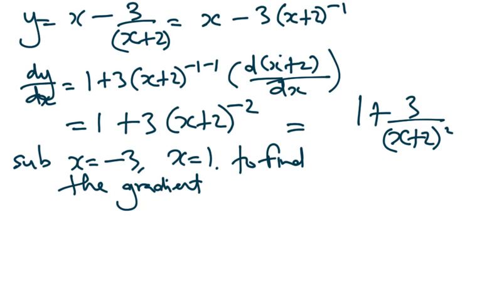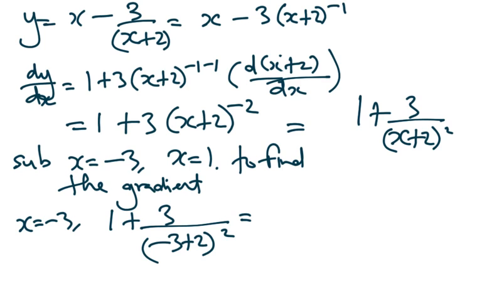When x equals negative 3, the gradient is 1 plus 3 over negative 3 plus 2 squared. At the point where x equals negative 3, your gradient is 1 plus 3 over negative 1 squared. Negative 3 plus 2 is negative 1, negative 1 squared is positive 1, so your answer is 4.